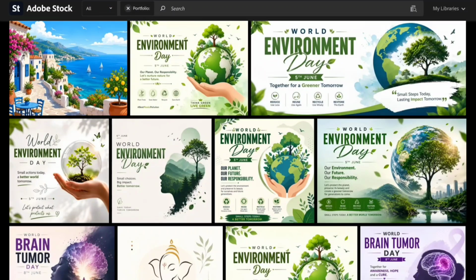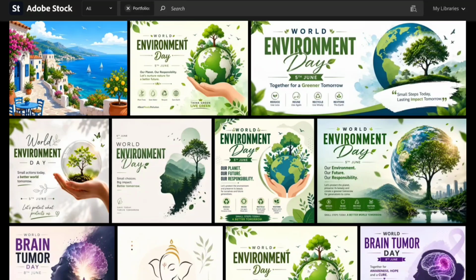So, how many designs do you need to make $200 on Adobe Stock? The practical answer is between 400 and 1000 quality designs depending on your portfolio performance. And it's not just about the numbers. It's also about the quality of the image, and whether the image is searchable or not, and whether people want that type of image or not.